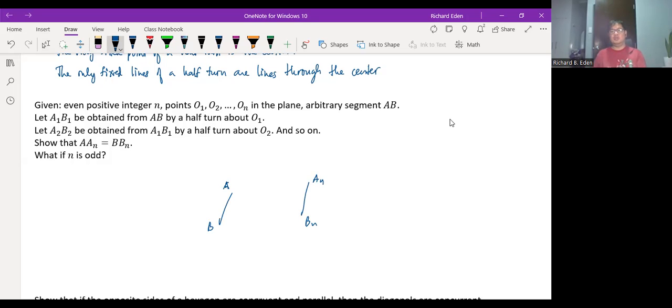And then how do you figure that? How do we conclude A sub n B sub n is a translation? Because n is an even positive integer po. All right, because when you perform those half turns and there's an even number of them based on what we described, then that means, ayun, A sub n is the image of A and B sub n is the image of B. So parang ano, hindi to nung babaliktad. So translation talaga.